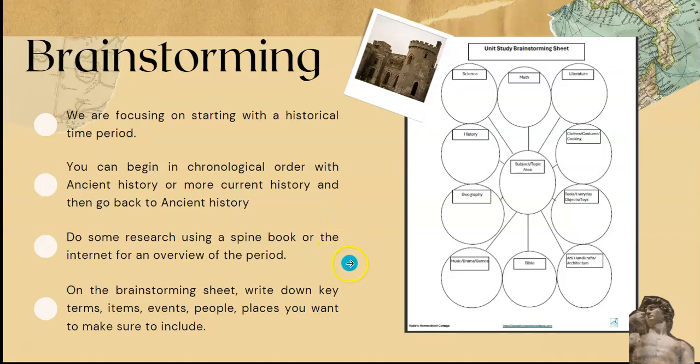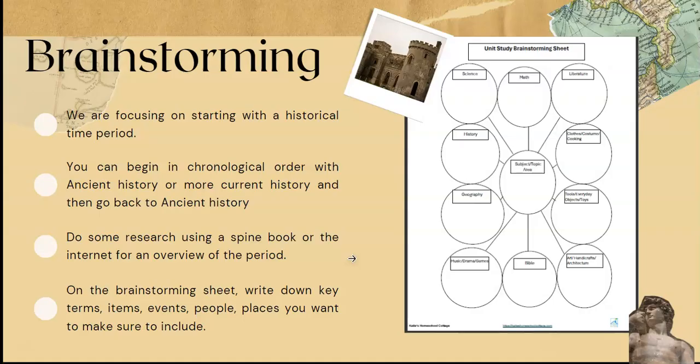So then, as I said, once you get some idea of the time frame that you want to study, start doing some research. And I usually did this using maybe a history textbook or what I call a spine, which is more like a history textbook, but it's told in a story type format. And there are a number of them out there for homeschoolers.